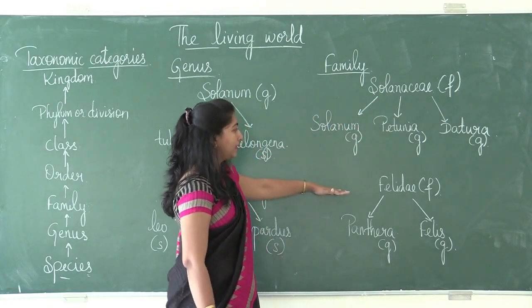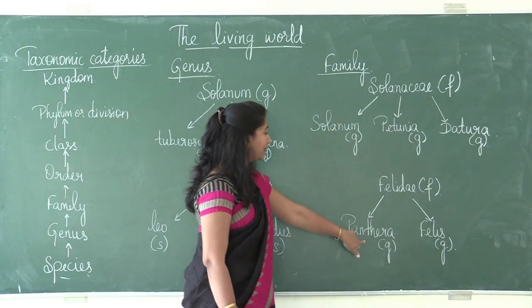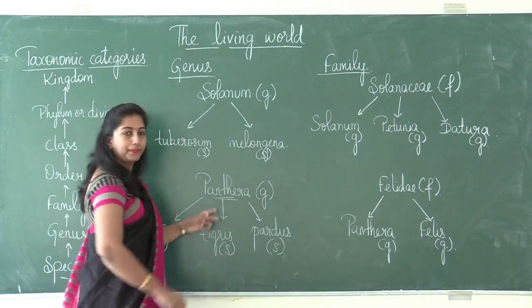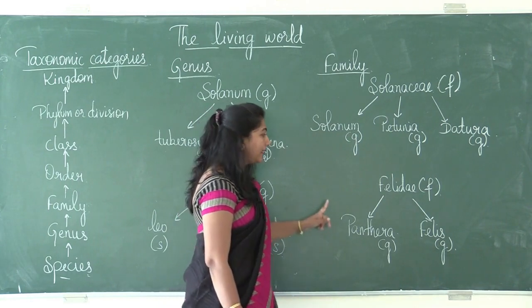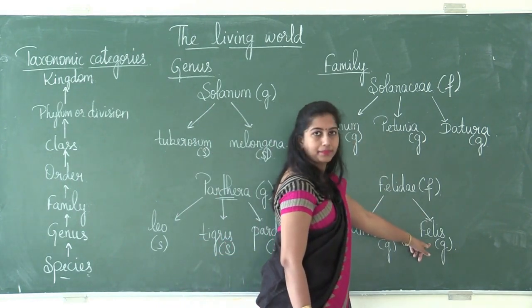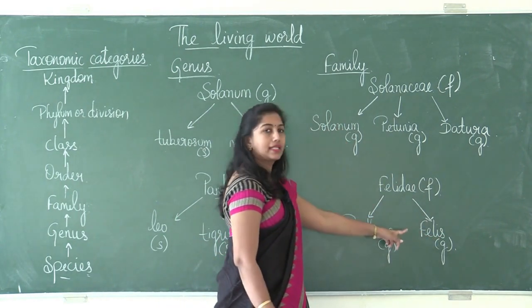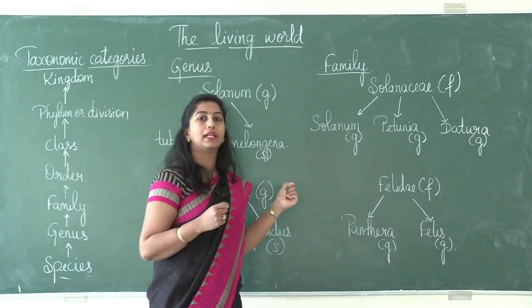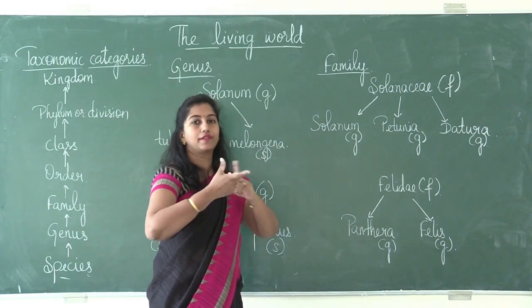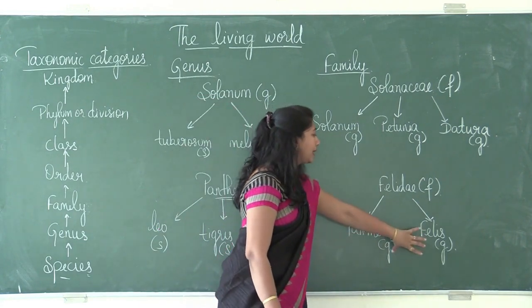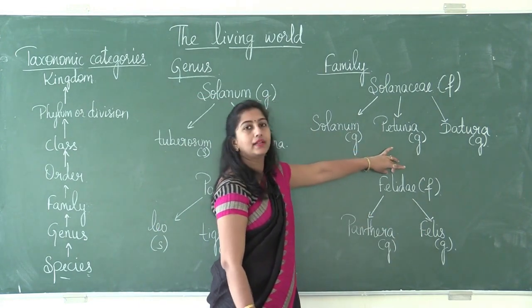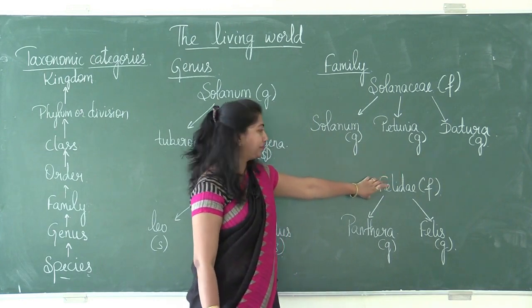One more example we can take is Panthera, the example I gave you here. This genus Panthera and another genus Felis have a lot of similar characters. The animals show a lot of similarities. Because of that, these two genera are put under one family which is called Felidae.